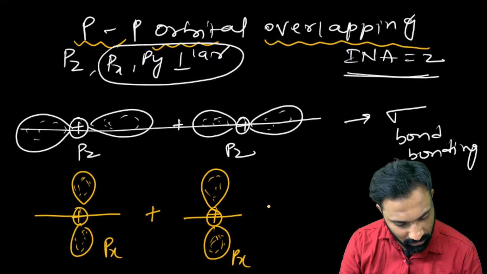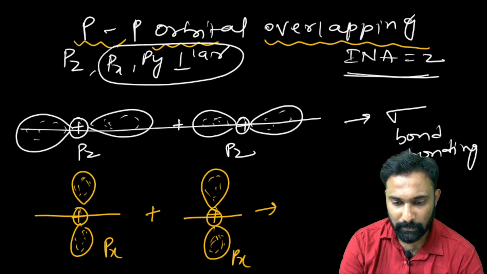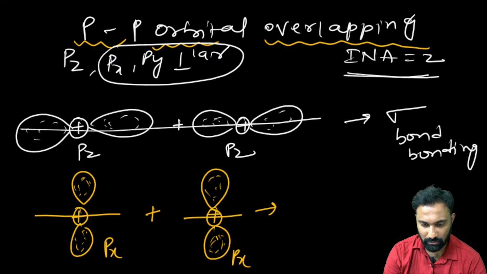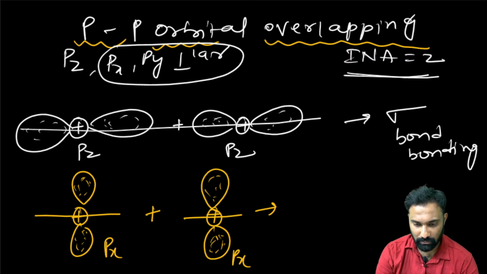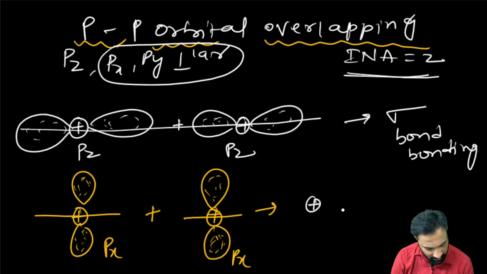Now you can see how the pi bond will be formed. It is formed in this manner. Here is a nucleus and here is a nucleus.